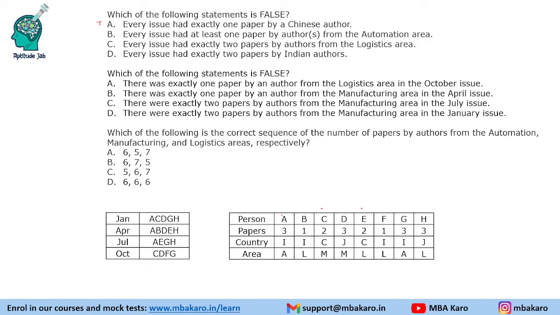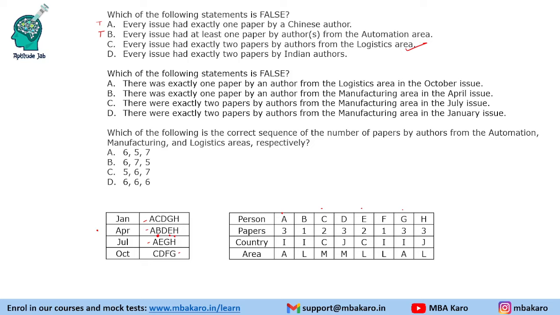Okay, so automation is A or G. A or G is present in each one of them. So it is also true. Every issue had exactly two papers by authors from the logistics area. We figured out in the previous question that in April we have three authors from logistics, B, E and H, which is against the statement.